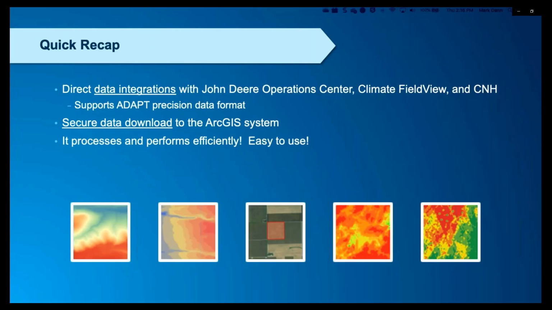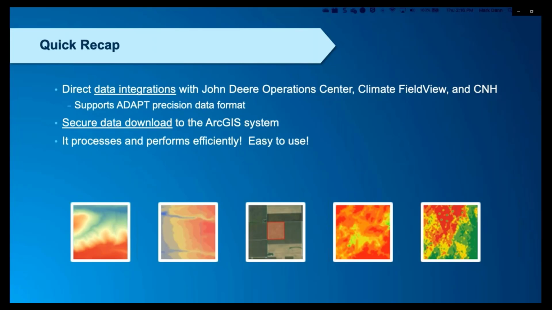So just to quickly review, you were able to directly connect with data integrations to the John Deere Operations Center, Climate FieldView, or the Case NH data. Also, I believe you support the ADAPT Precision Ag data file as well. You didn't show that in your demo, but that's something you support as well. Is that correct, Josh? It is.